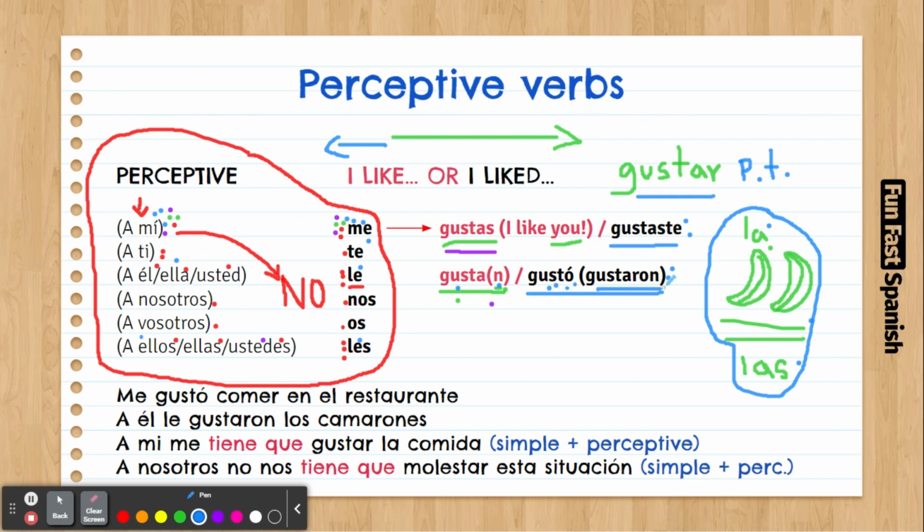So singular past tense, plural past tense. So yeah, that's pretty much what we wanted to see here.